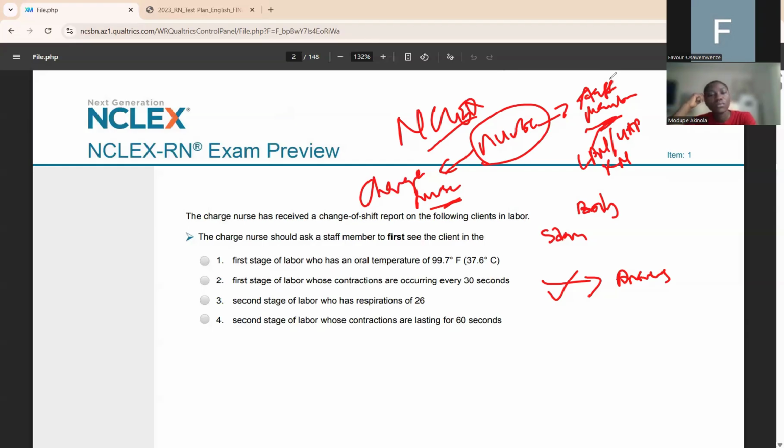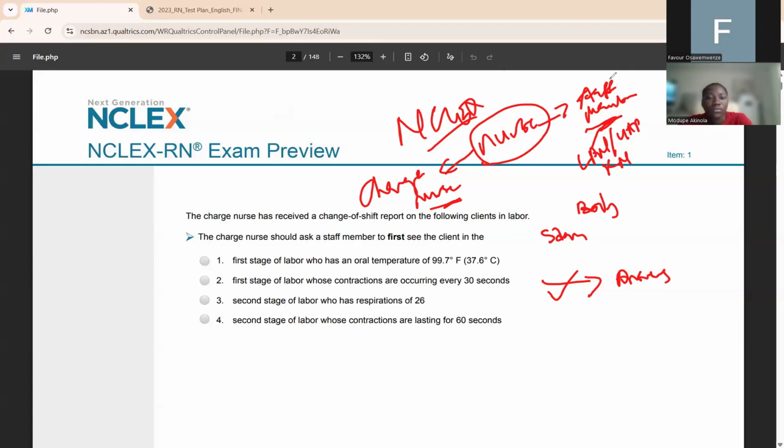These three things are related to nursing, so NCLEX will test it. Do you understand your role as the charge nurse? Do you understand your role as a nurse? Do you understand your role as a nurse related to other staff members? Because you will delegate, you will supervise, you will prioritize. These three things, you cannot escape it on the NCLEX exam.